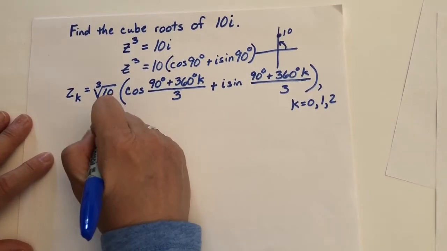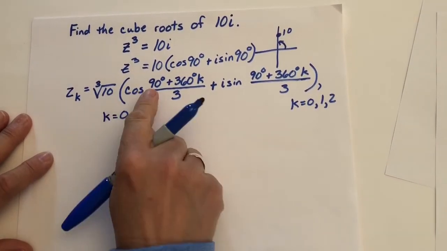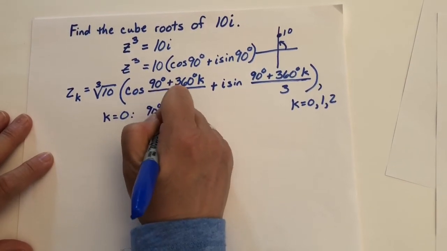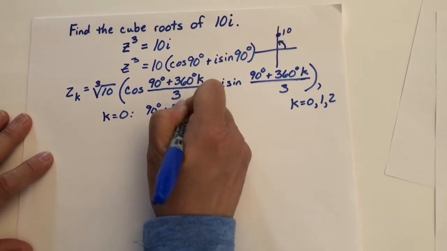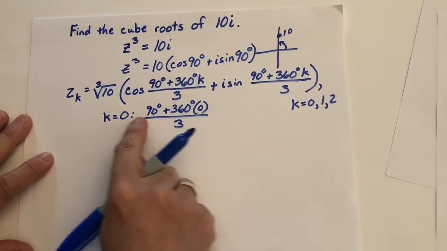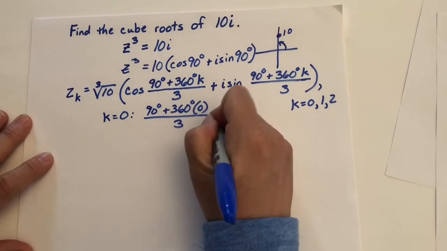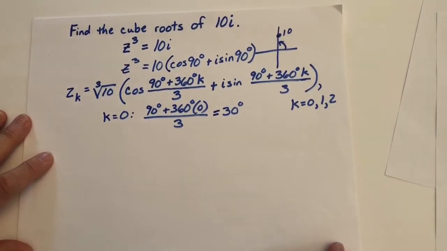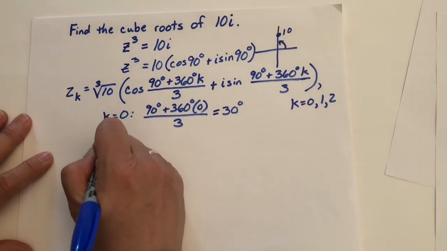So let's put in k equals 0. We have 90 degrees plus 360 degrees times 0, divided by 3. So that's really 90 degrees divided by 3, and we get 30 degrees. Then we substitute in k equals 1.